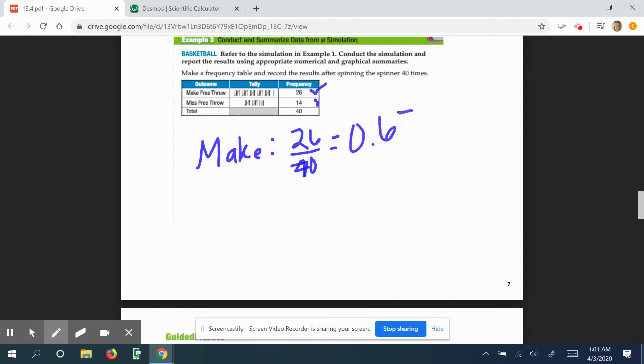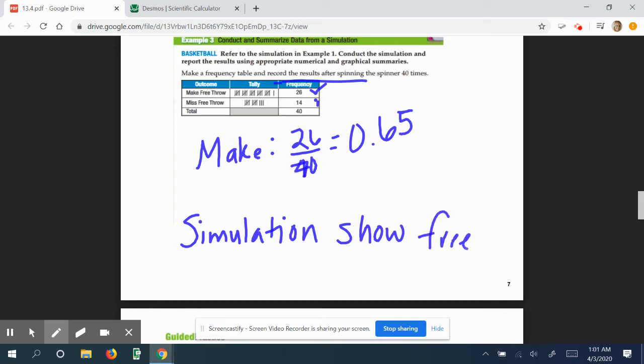Okay? So, record the results so we can say that our simulation shows free throw percentage will decrease.